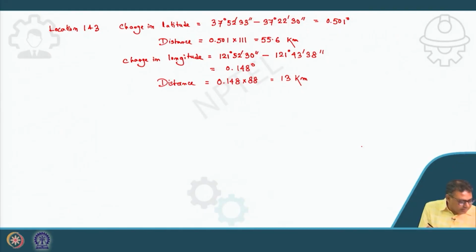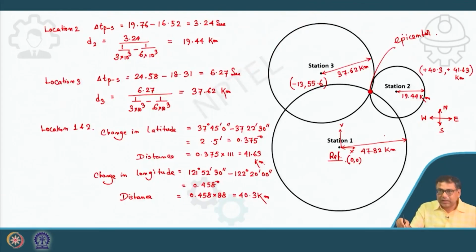So that means the epicenter is 22.35 kilometer. That you can measure from that graph. If you draw it with proper scale, then from there you can get the distance, and then you convert it to actual scale.